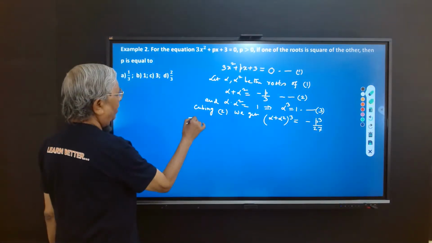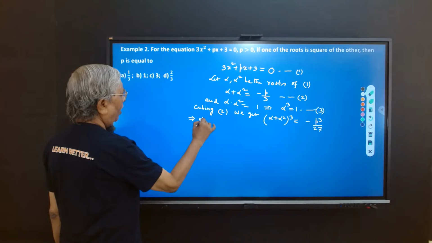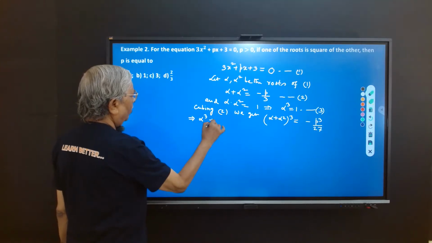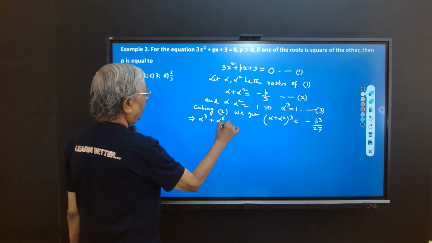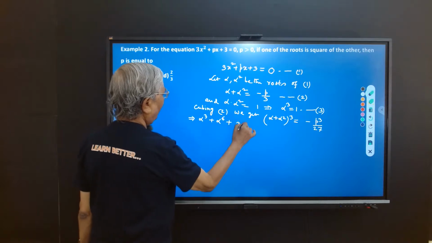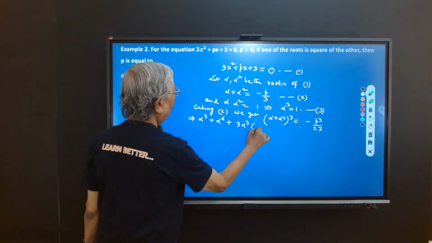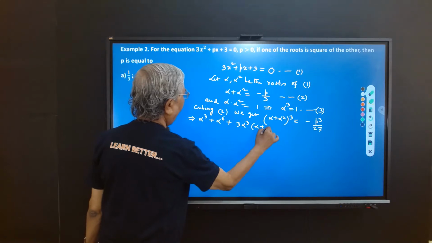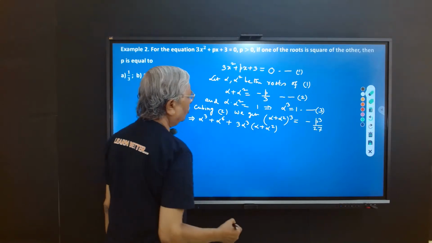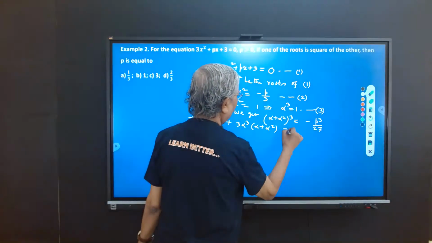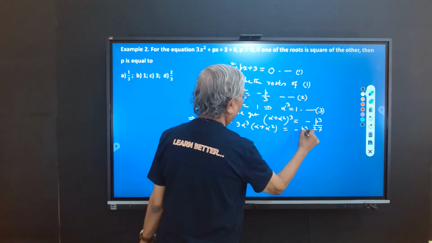This will imply alpha cube plus alpha to the power 6 plus 3 alpha cube into alpha plus alpha square must be equal to minus p cube by 27.